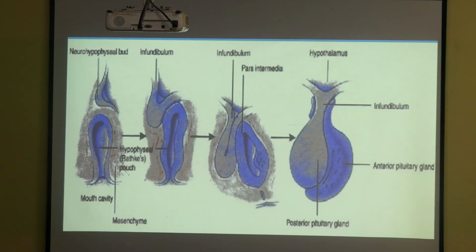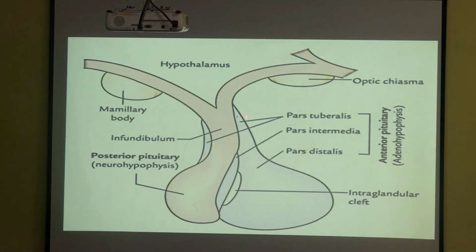During the fourth week of development, the cells in the Rathke's pouch start undergoing differentiation. The anterior wall cells multiply and become larger, giving rise to the anterior lobe of the pituitary gland, mainly the pars distalis and pars tuberalis.